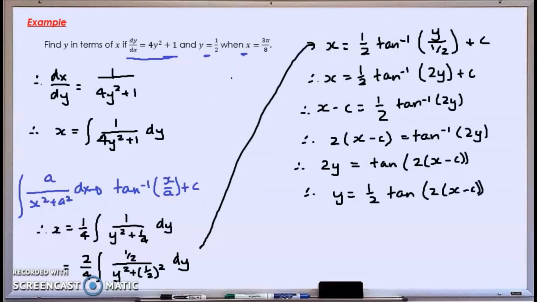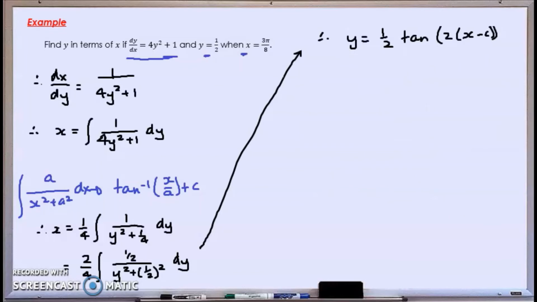And now what I can do is substitute in my point so that I can find my unique solution. Now what we're going to do is substitute these points in to calculate our c. So therefore 1/2 equals 1/2 tan of 2, and x is 3 pi on 8 minus c.